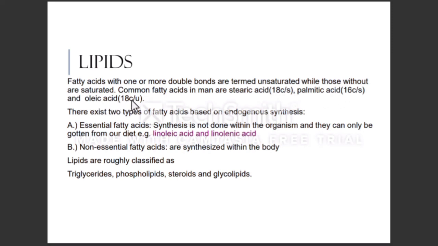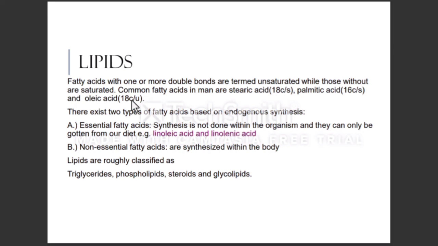There exist two types of fatty acid based on endogenous synthesis, that means synthesis in our body. You have essential fatty acids. They are called essential because they cannot be synthesized in our own body. The synthesis of these fatty acids cannot be done within our organisms.